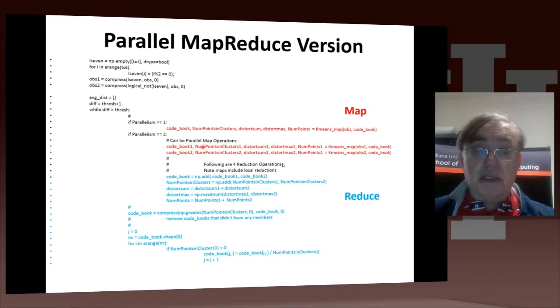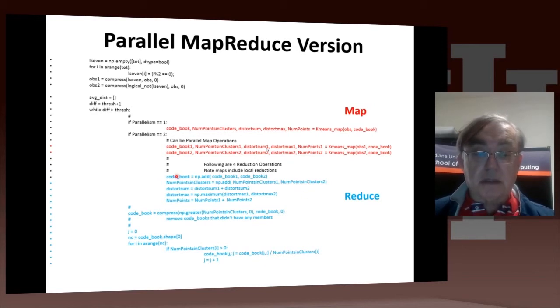As a result of this, on each core, we find the number of points in the clusters, the distortion summed over points in each cluster, the distortion maxed over points in the cluster, and the total number of points in this particular segment. And then in the code book we also have the actual centers.